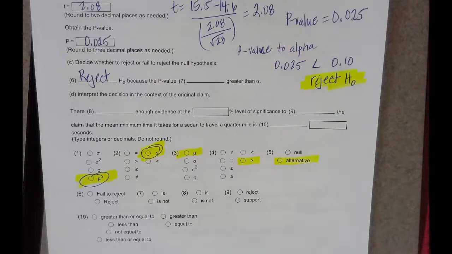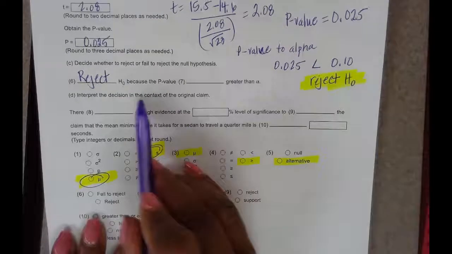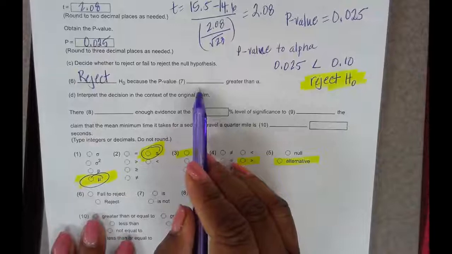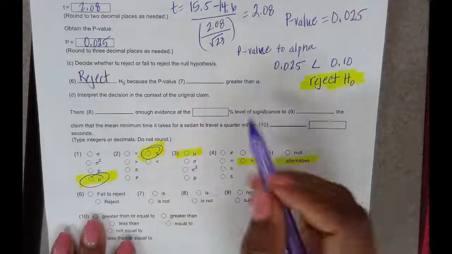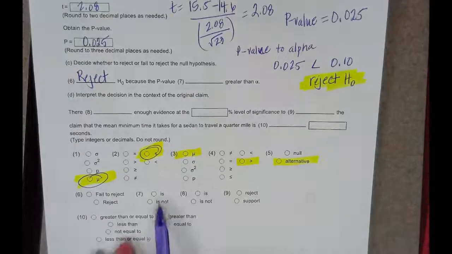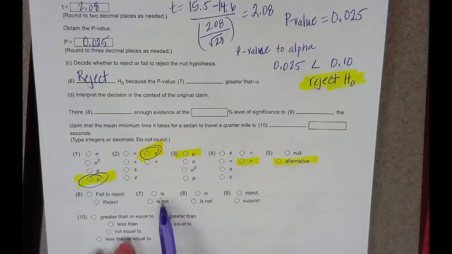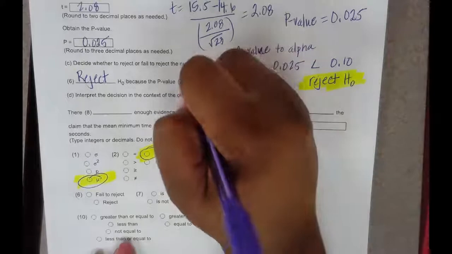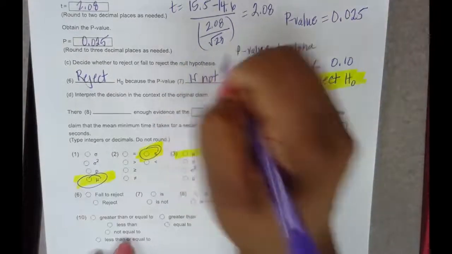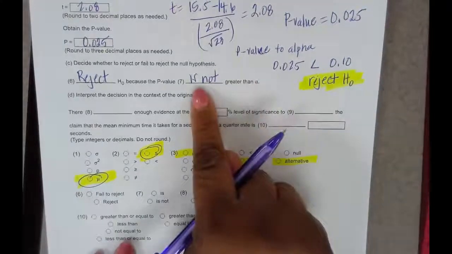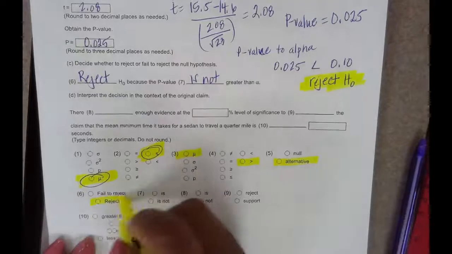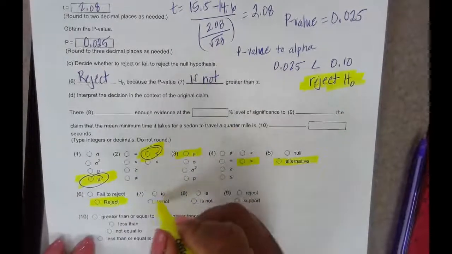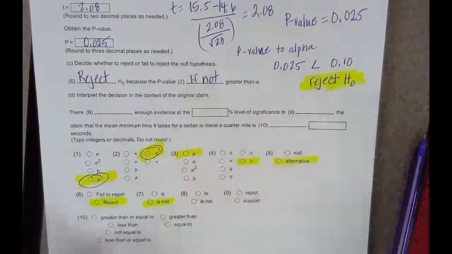Okay. Now, let's look at the choices. Number 7, is not greater than alpha. That's our reasoning there. So we are rejecting because it is not greater.